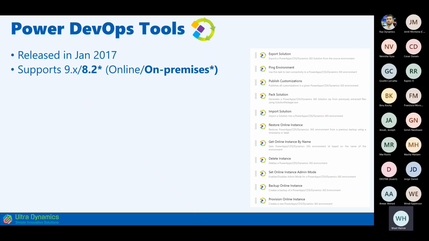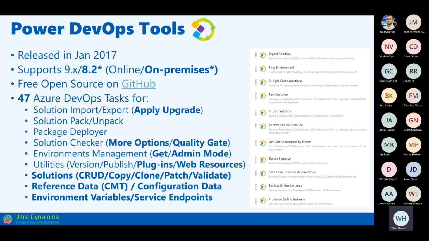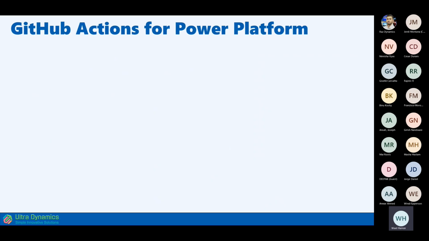There are also the Power DevOps tools, an open source tool on GitHub that has some additional actions, like reference data management, environment variables, service endpoints, all this kind of stuff. Again, you can take a look if there's anything you might find useful here.